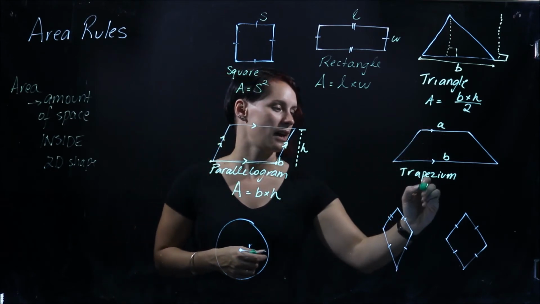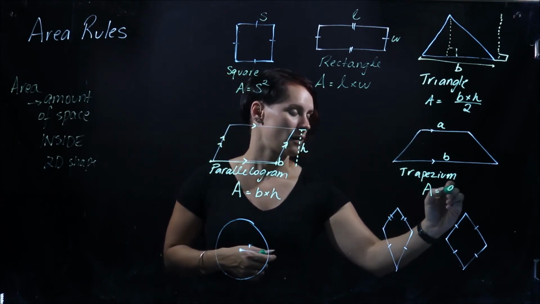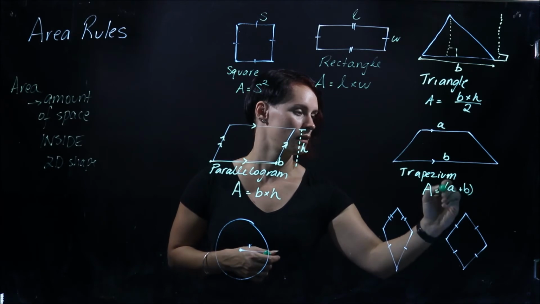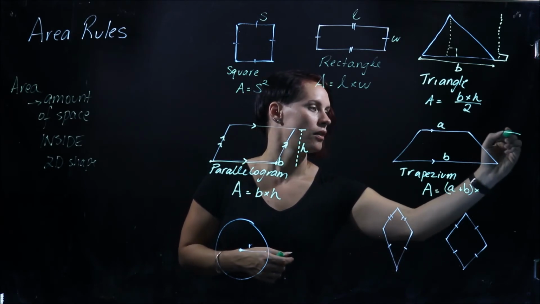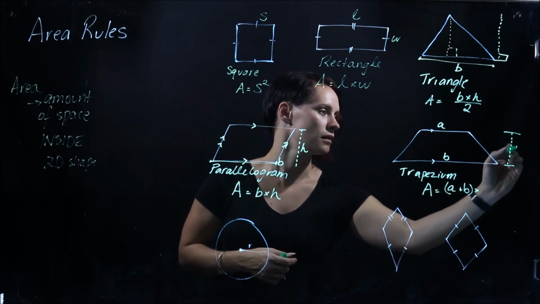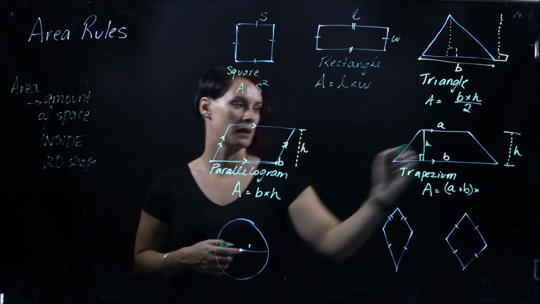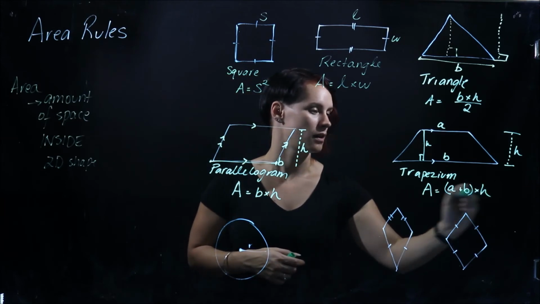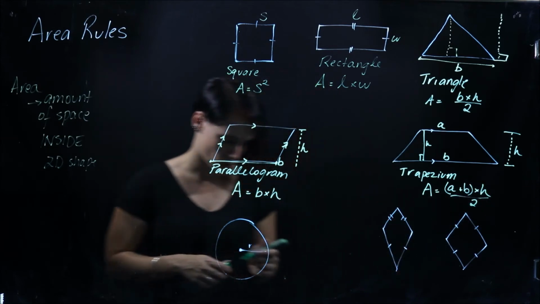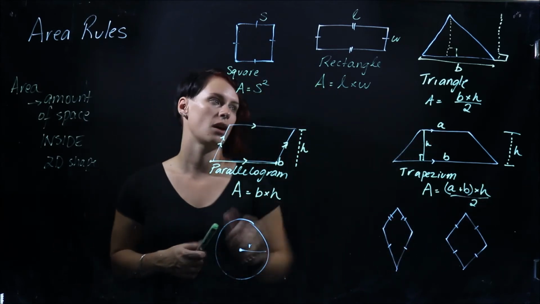And we have our area equals our A plus our B multiplied by the height of this object, how high it goes up, so how far between A and B, and then we're going to divide that by 2 once again. Okay, so there's a lot going on there.